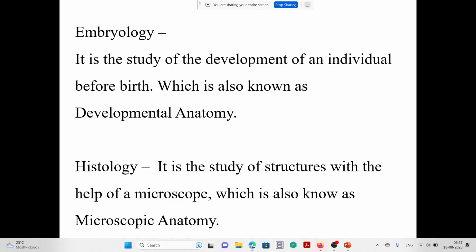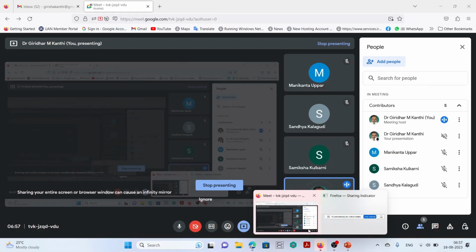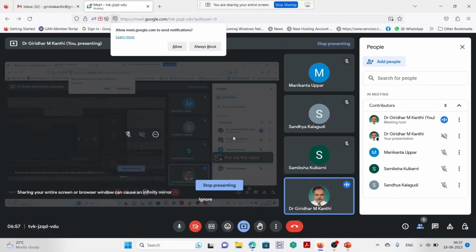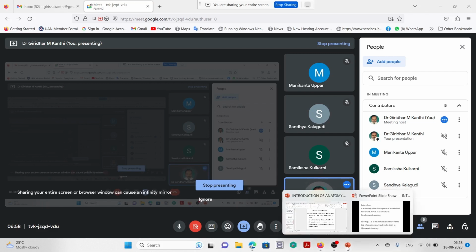That is nothing but the development of the human body. While we study up to that level, it is called developmental anatomy. So remember that it is related to developmental anatomy, which is mainly considered a part of embryology.